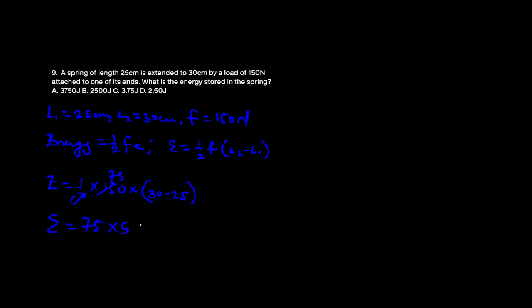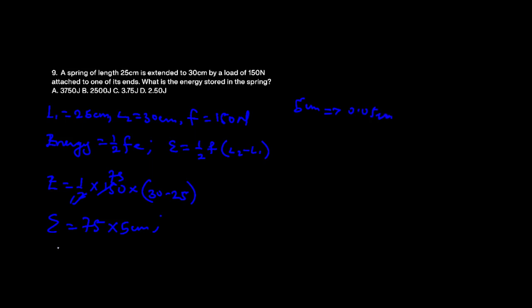So I have 5 here, so this will be 5 in centimeter. But remember, we're looking for energy, so there's need for us to convert this to meter. 5 centimeter to meter is going to give us 0.05 meter.